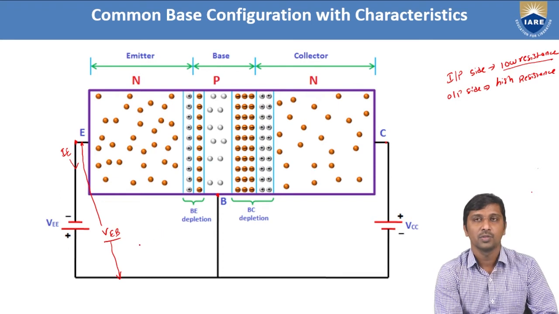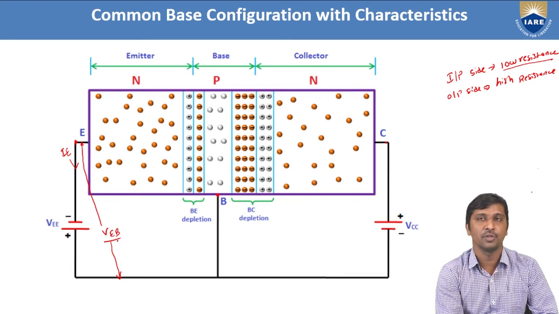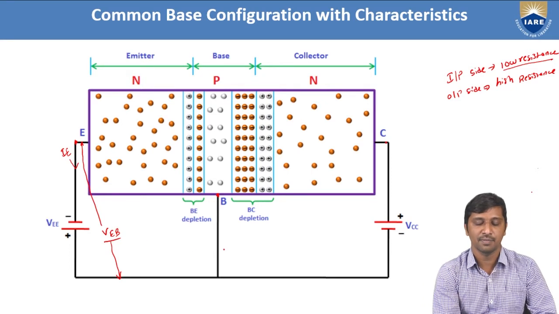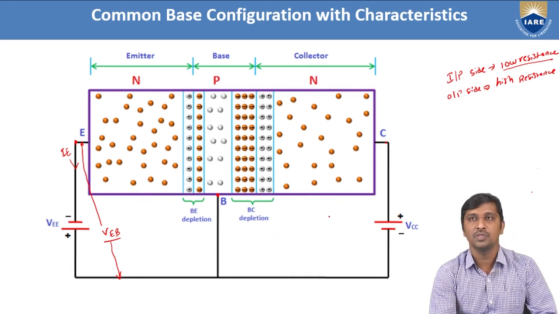Similarly, on the output side, this output junction is reverse biased. Now we need to measure the output voltage and the current across the collector with respect to the base.